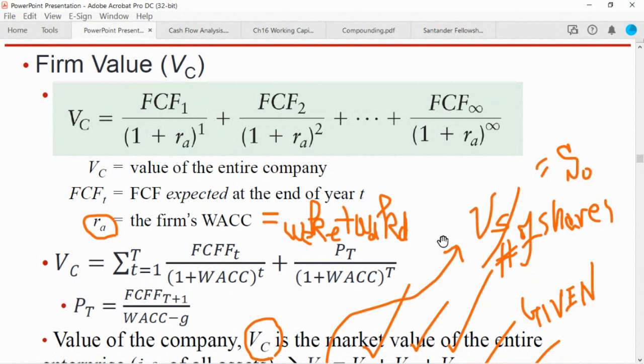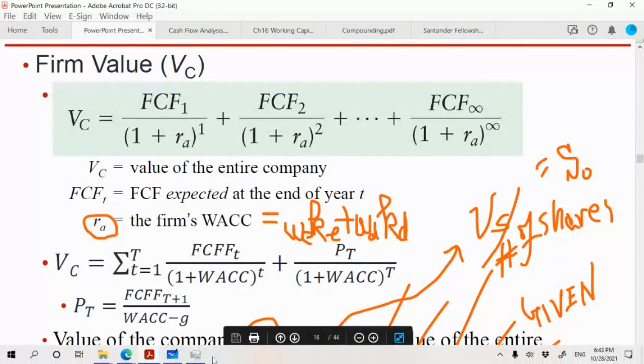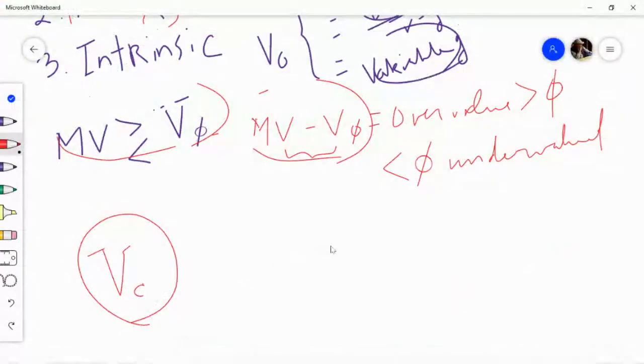But again, as I told you, then you might wonder, what is R_A? I mean, R must be the discount rate. What does that A mean? A stands for average. Okay, so it's actually the weighted average cost of capital.